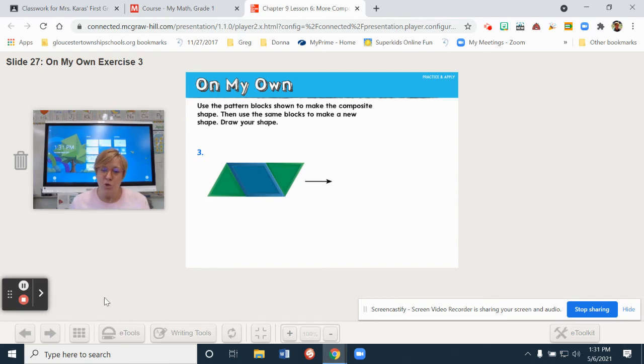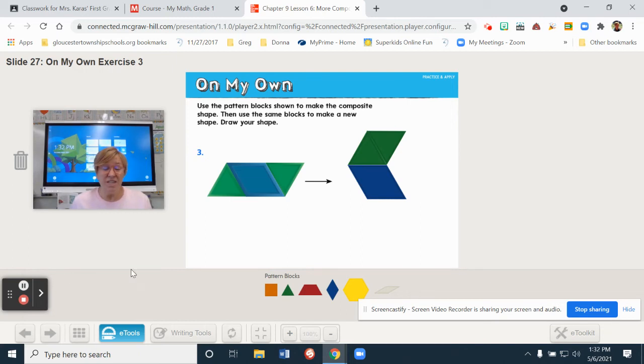So when you come back, you're gonna see what shape I made. Okay. So this was an idea that I came up with. I was just kind of playing with the blocks, and I decided to make this. It kind of reminds me of an arrow pointing towards the left. All right. Did you make the same shape, or did you find another one to do? All right, we'll talk about that later.